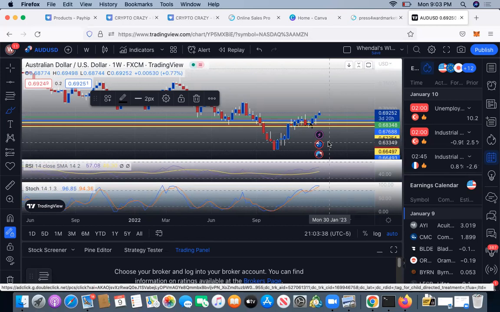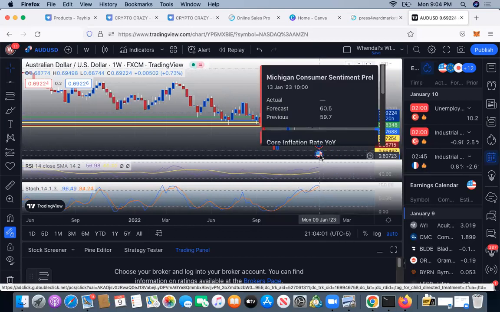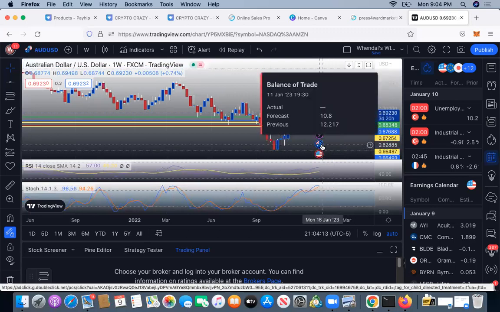All right, so let me go over the news as well, because that's part of what I trade, whether it be stocks or anything else. What reminded me about it was these little symbols right here, because these little symbols mean news is coming up for USD, and that's going to be January 23.